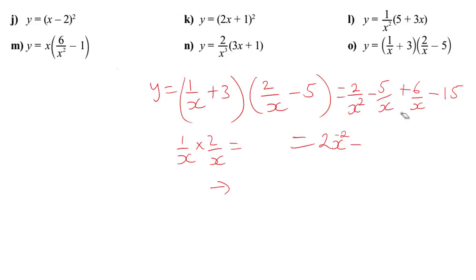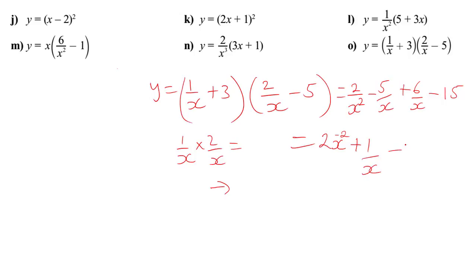Think of these two as fractions: negative 5 over a number plus 6 over the same number. If the numbers at the bottom are the same, we just add or take away the top. So negative 5 plus 6 is positive 1, all divided by x.